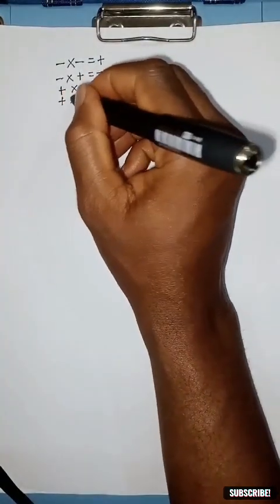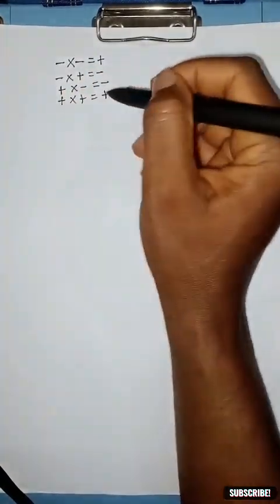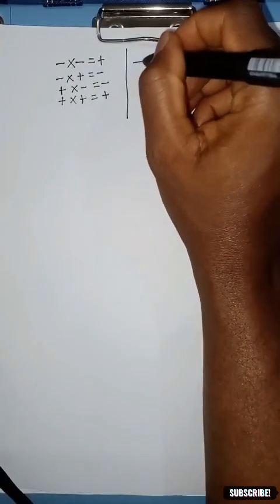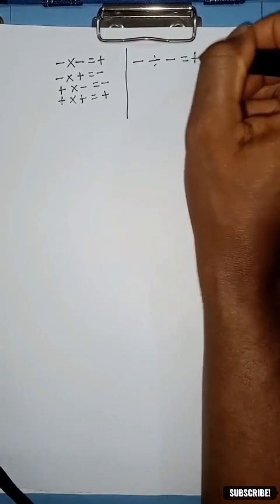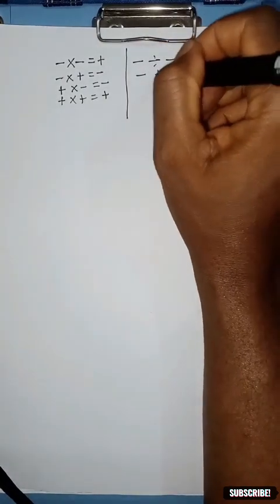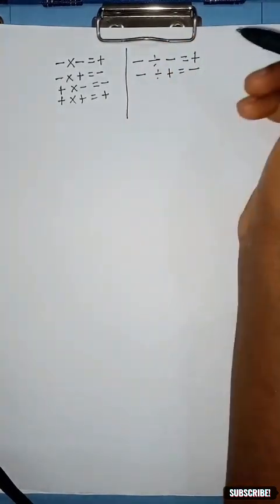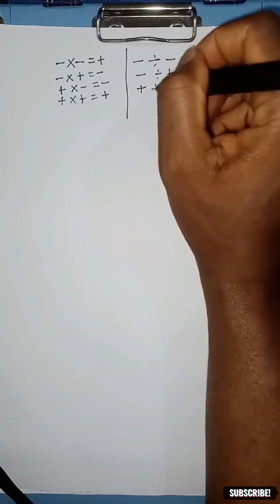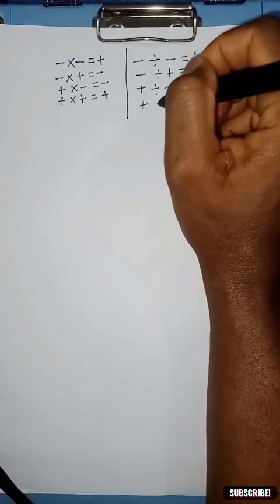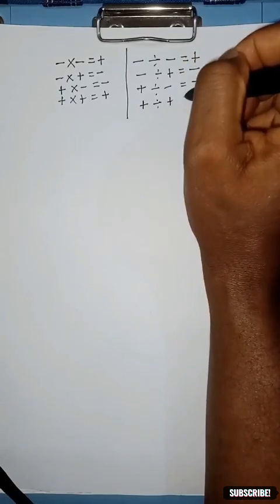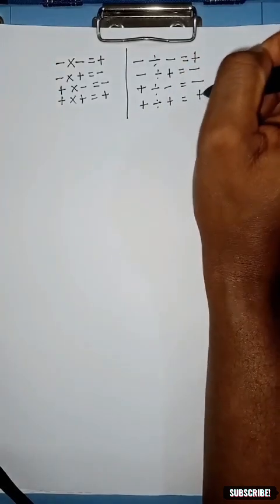And plus times plus is equal to plus. Also, minus divide minus it's plus, minus divide plus it's minus, plus divide minus it's minus, and plus divide plus is equal to plus.